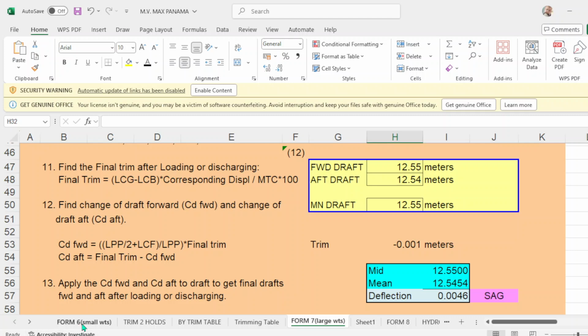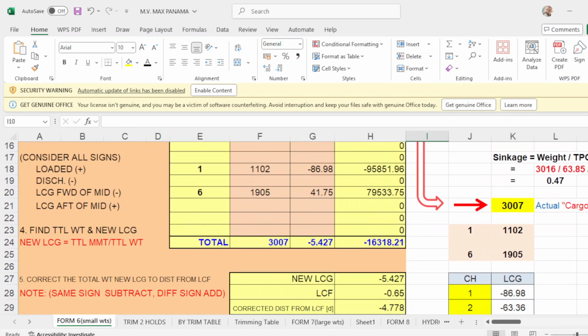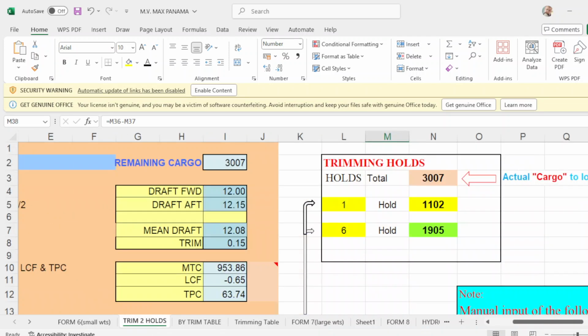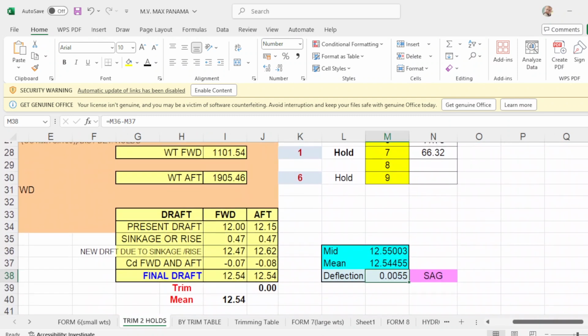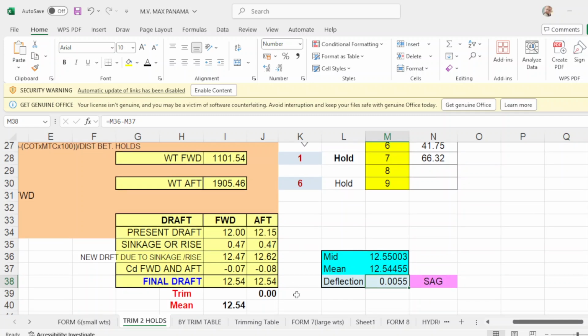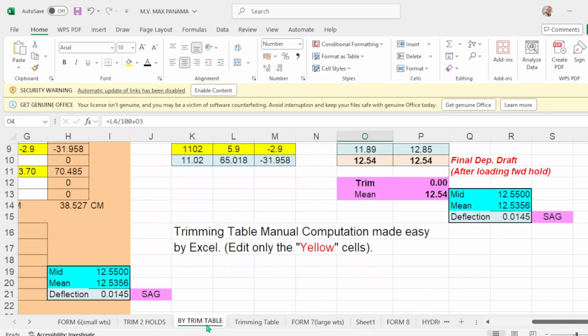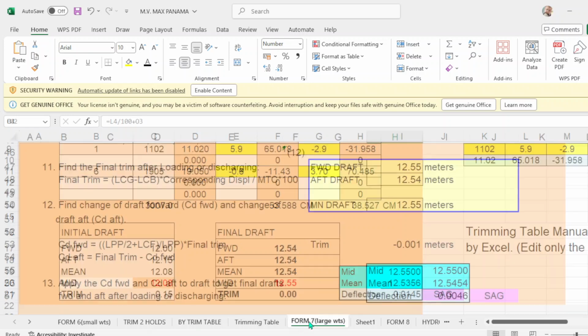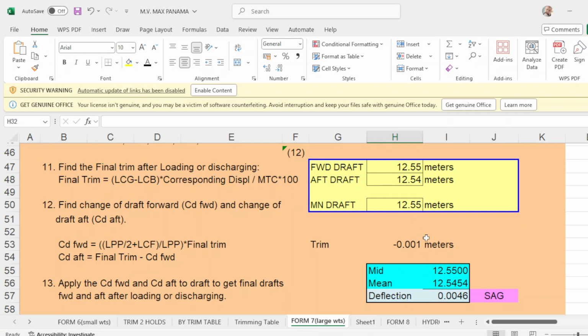This is the same with this form number 6 of 12.55 forward and up. Trim hold 2. The drop is 12.54 even keel, 0 deflection, and trim table is 12.54 even keel with a deflection of 1 centimeter sag. And your form number 6 is almost even keel, 0 trim, and 0 deflection.